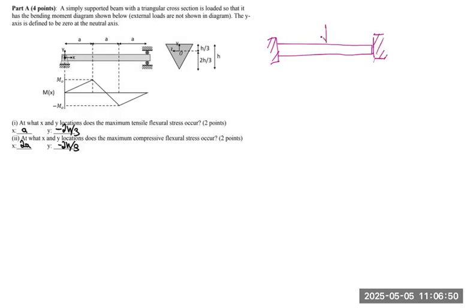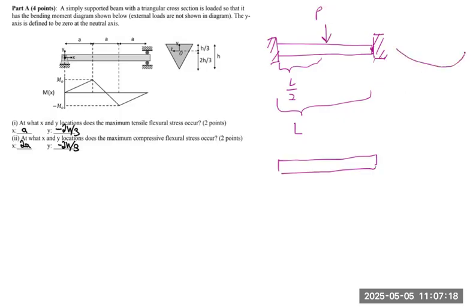Load P is applied exactly at the center of the beam, and these two ends are fixed. We'll call this load P, this length L over 2, and the overall length L. Now we will begin with a free body diagram of this beam under 3-point bending, because when we apply the force like this, the beam will bend like this.